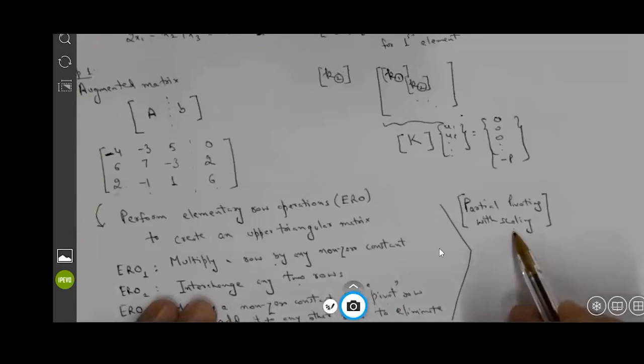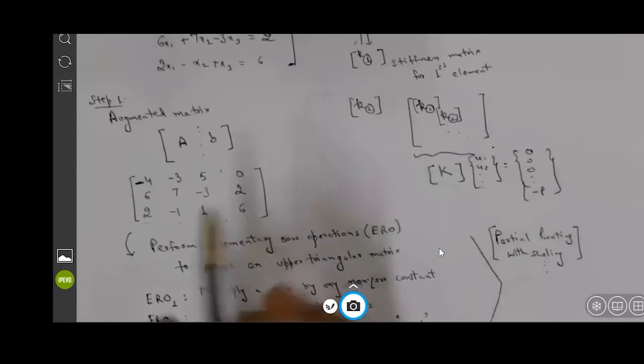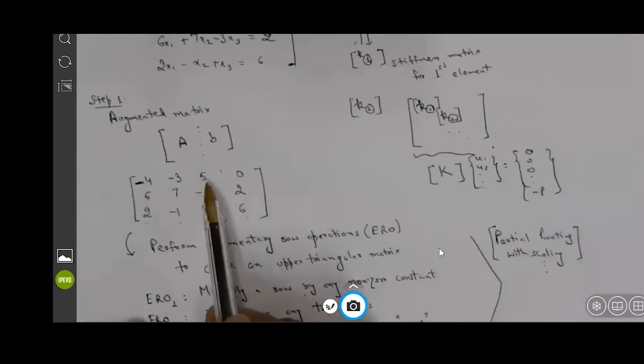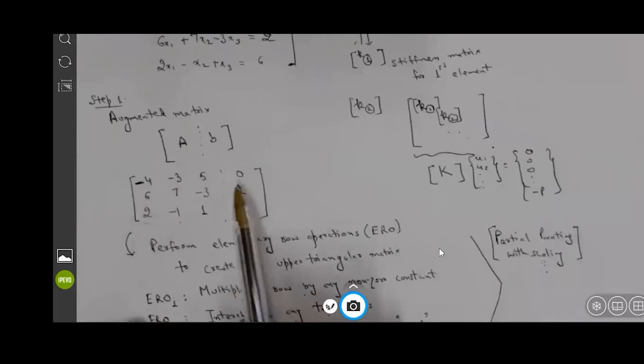In this partial pivoting with scaling technique, you look only at the A matrix, not the B matrix.